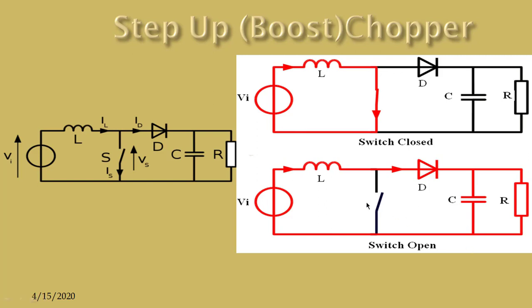BJT is off means in mode 2 diode is forward biased, that means diode in conduction mode. So the charge which has built up in the inductor in mode 1 will start discharging through the output.